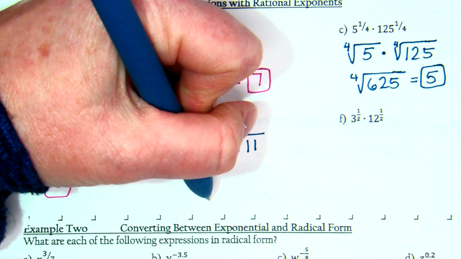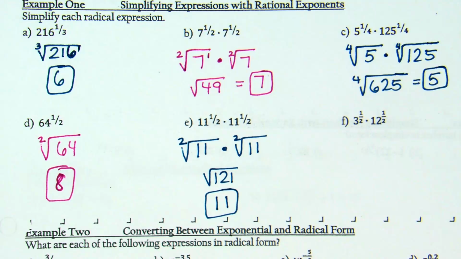Okay, F. 3 to the 1/2 times 12 to the 1/2. Okay, what does 1/2 say? Have you gotten this figured out yet? Denominator is 2, making it a square root. So square root of 3 times square root of 12.